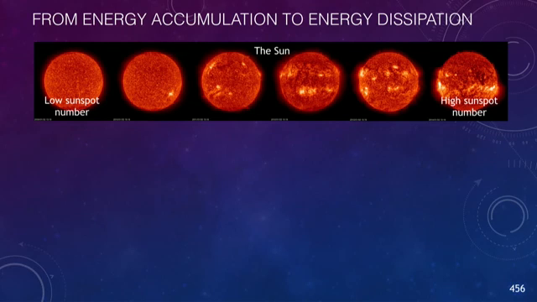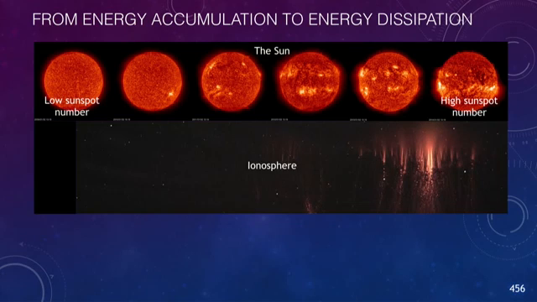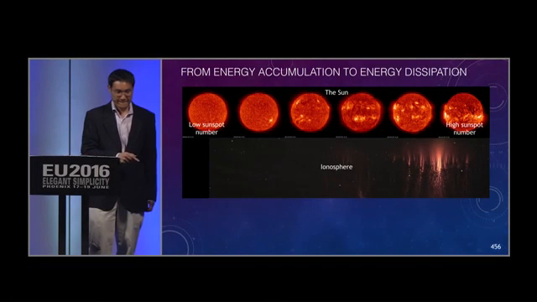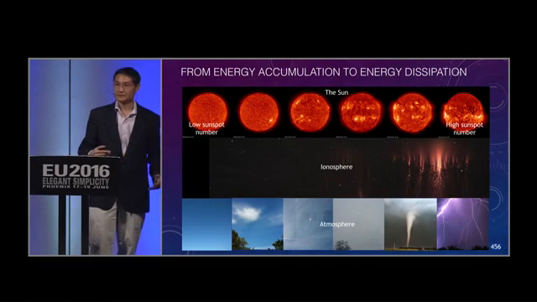That's one aspect of it. So if you look in the ionosphere, when a lot of sprites occur, that's the time when space contains a lot of plasma. And next step, if you go down toward the atmosphere, you just look at the sky.